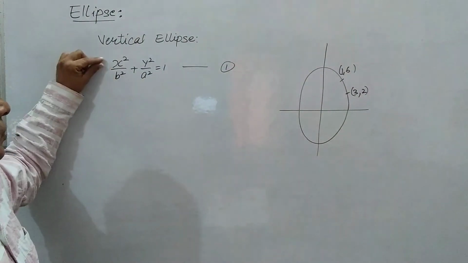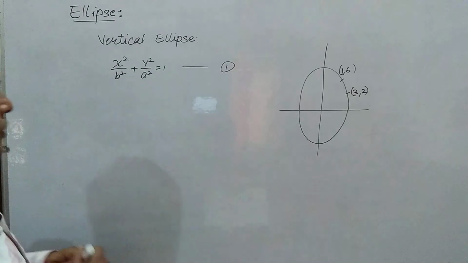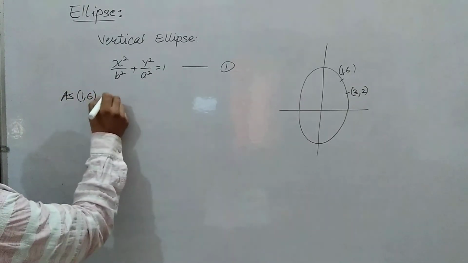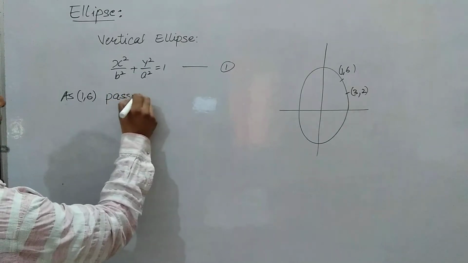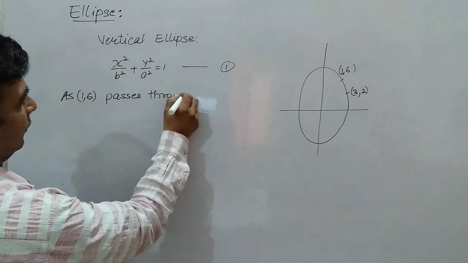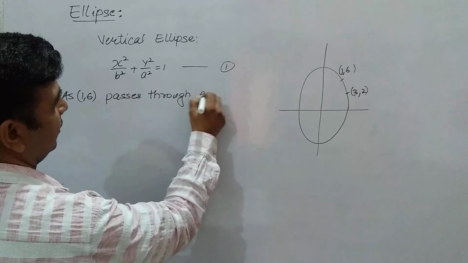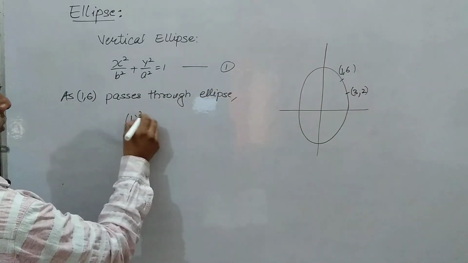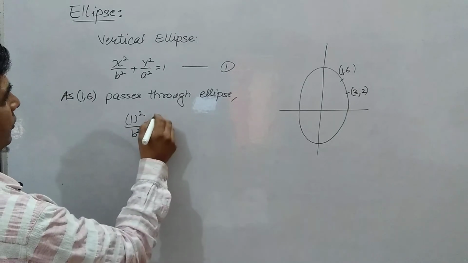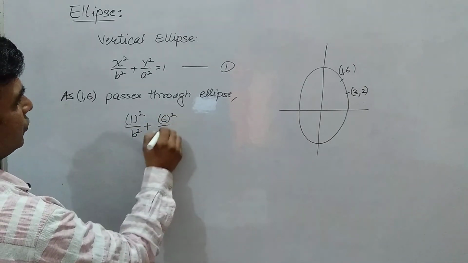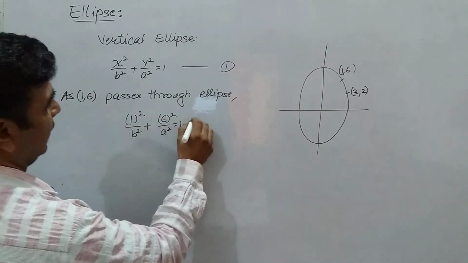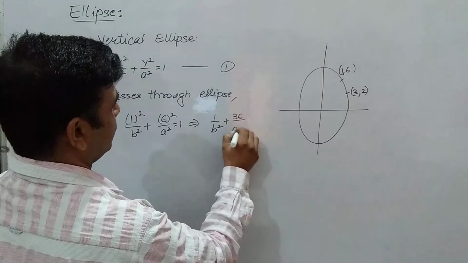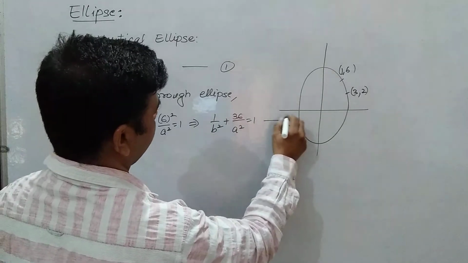So we can use x is equal to 1 and y is equal to 6 in this equation, as 1, 6 passes through the ellipse. So this is 1 square upon b square plus 6 square upon a square is equal to 1, implies 1 upon b square plus 36 upon a square is equal to 1. This is equation number 2.